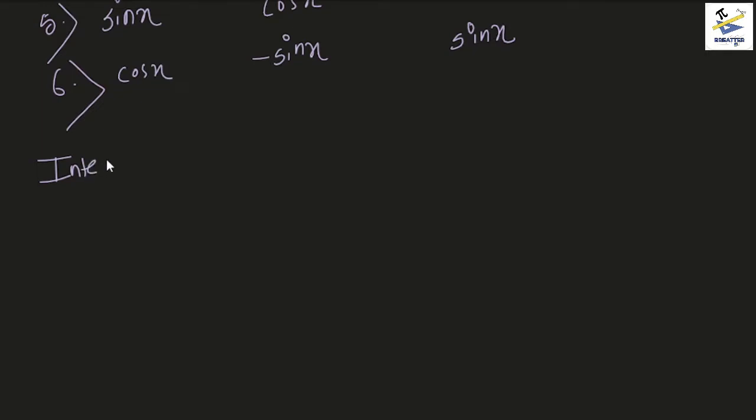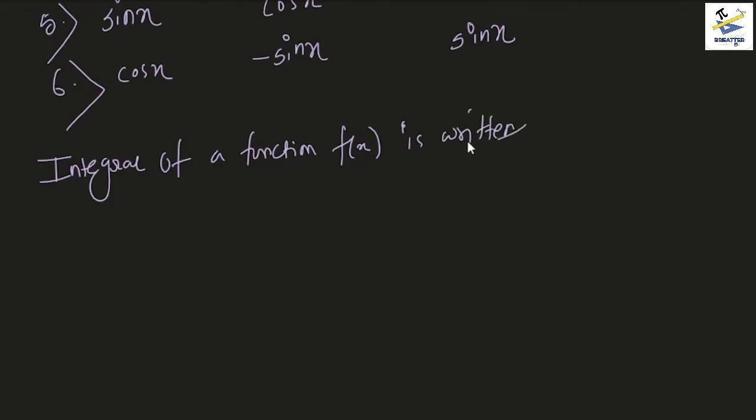Integral of a function f of x is written as, so we denote an integral by a capital I, and the integral of the function f(x), obviously the variable is x, will be denoted by f(x) dx.